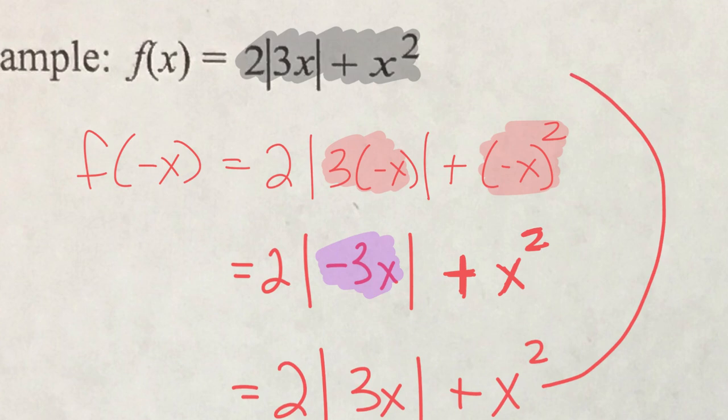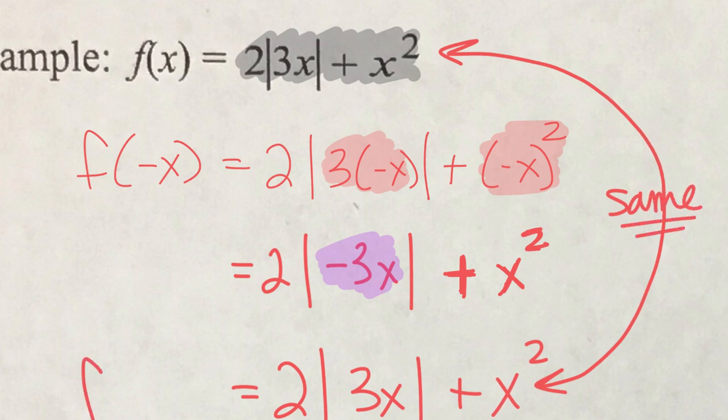How does our equation relate or compare to the original? All right, notice that these are the same. And that will always be true in an even function. Replacing x with negative x does not change your equation. Okay, that's how we know that this is an even function.